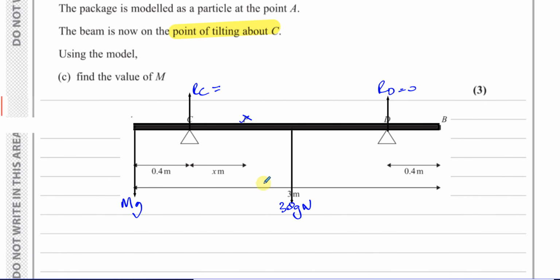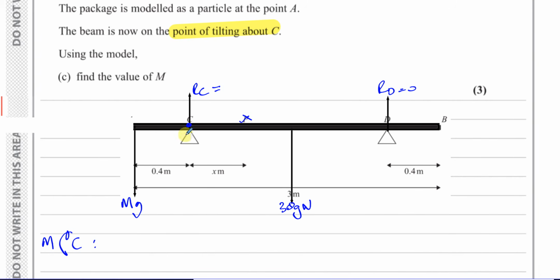Because if we take moments about C, we don't know what the reaction force at C is, because there are two unknowns. However, if I take moments about C, then I don't have to worry about what that force is.